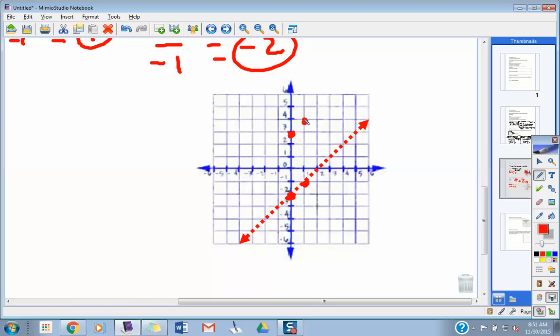Solid or dotted on that line, kiddos? Look at the inequality sign on the second inequality. Solid or dotted for the one we're graphing now? Solid? Okay. So let me draw that.